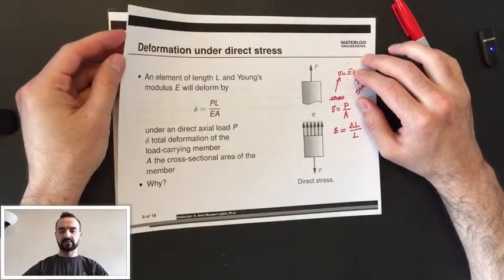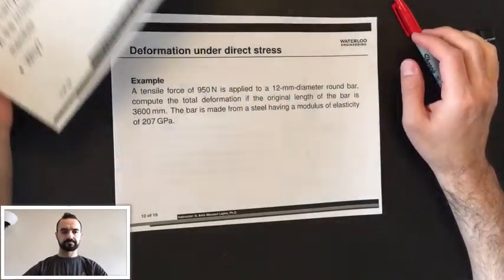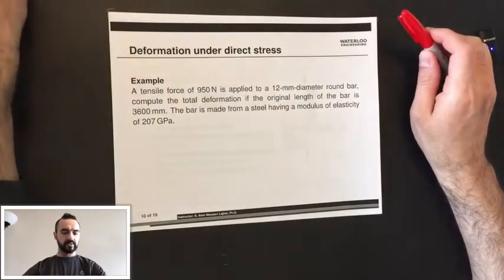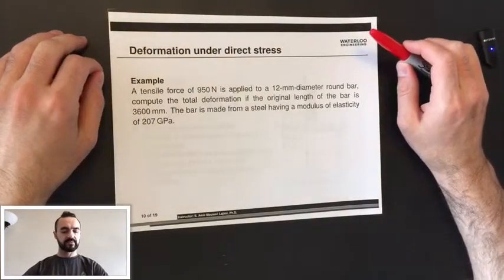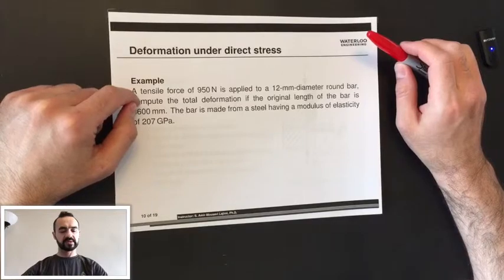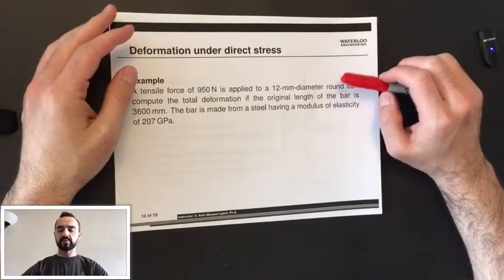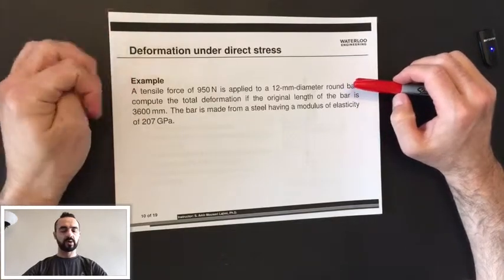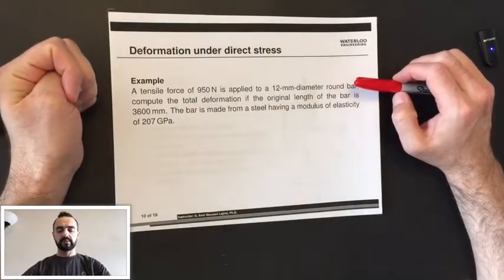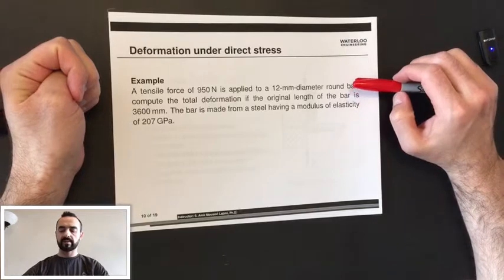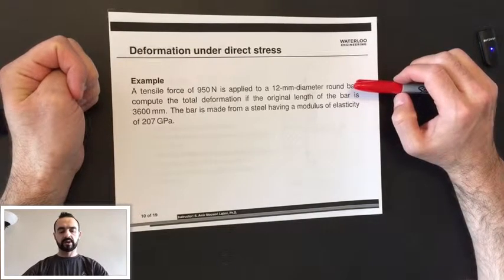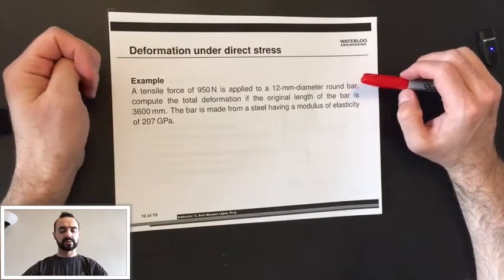Now let's look at one example. The problem is, if you have a tensile force of 950 Newton applied to a 12 millimeter diameter round bar, compute the total deformation if the original length of the bar is 3600 millimeters.